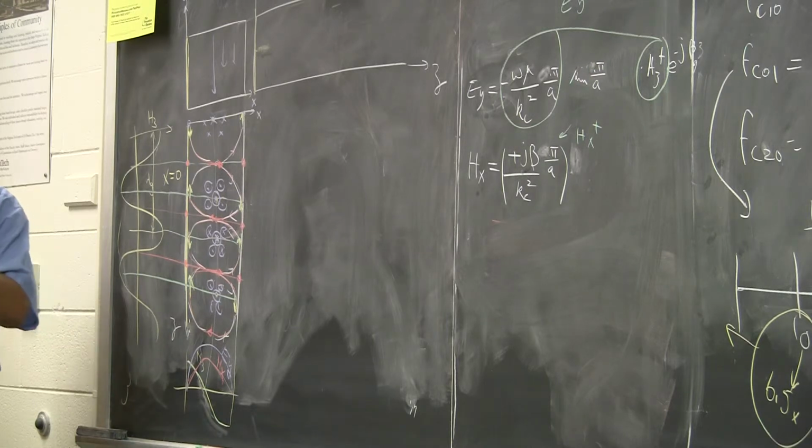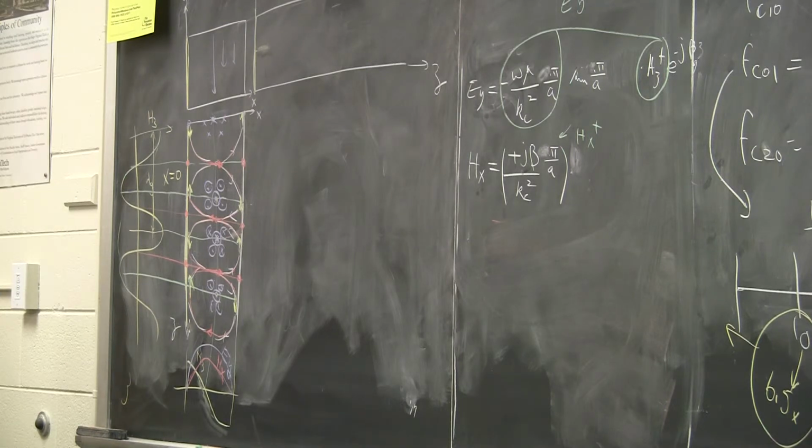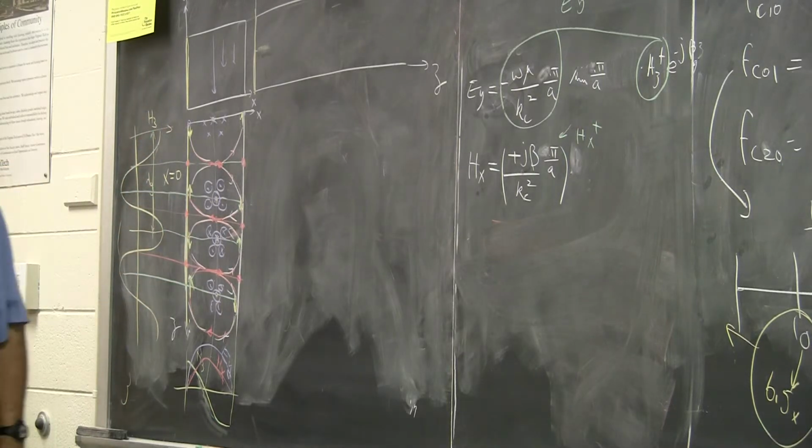You can see that the E is vertical along the Y, while the H's are loops horizontal in the ZX plane. The H is loops horizontal in the X plane, and the E's are vertical in the Y direction. I think this one here can lead you to the other pictures.